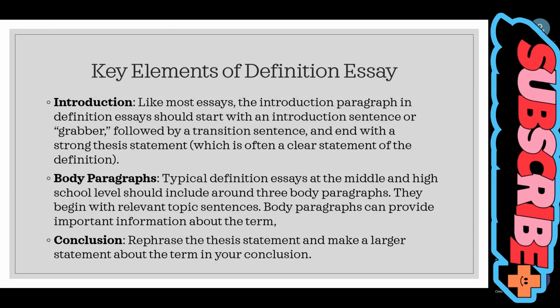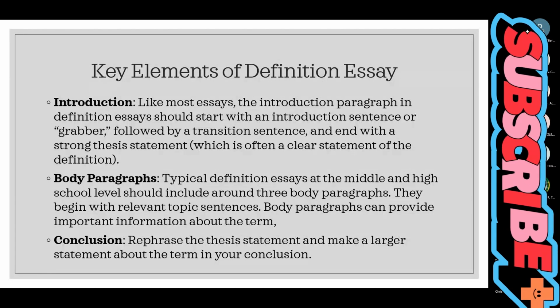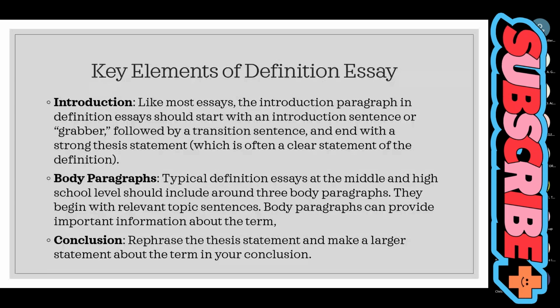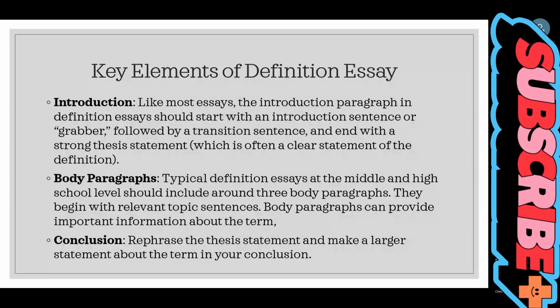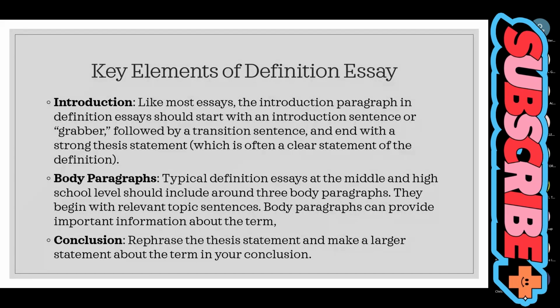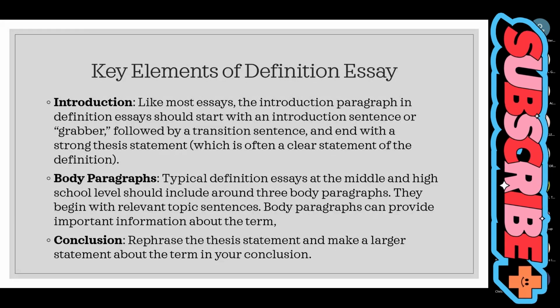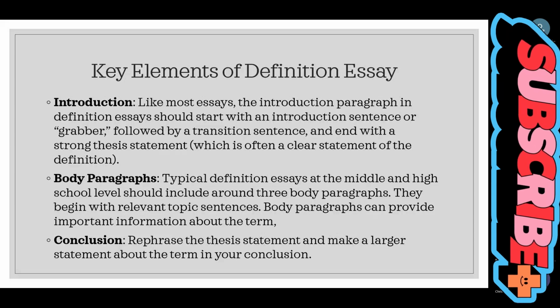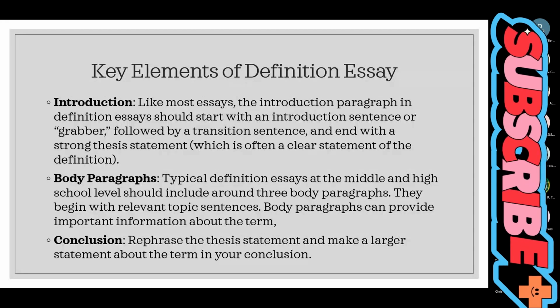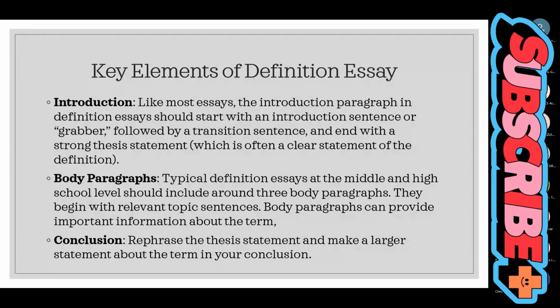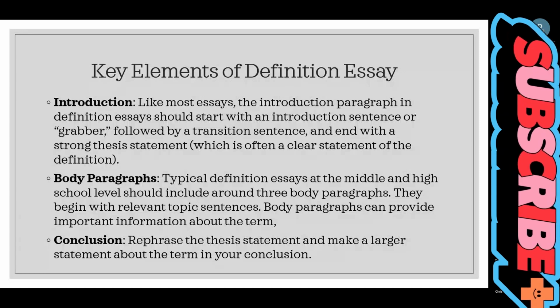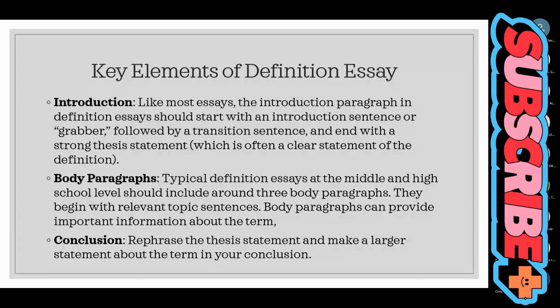Actually, you can put the topic sentence in the beginning of the paragraph, in the middle, or at the end, but it's better to put it at the beginning, to give a clue to your reader about the content of that particular paragraph. So the topic sentence again contains the main idea of a paragraph, and it's followed by supporting details.